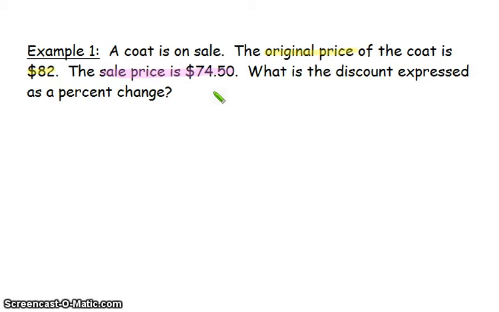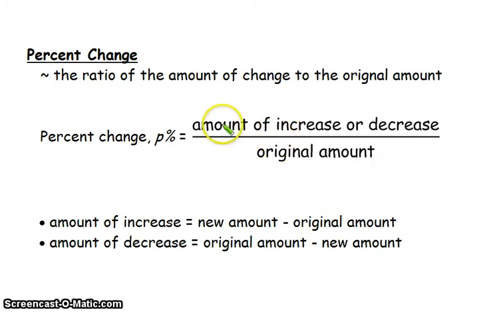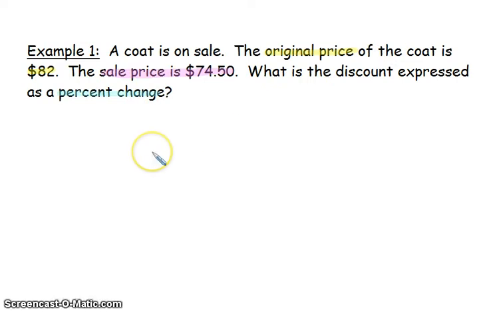Now, what we want to know is what is the discount as a percent change. We want to know what is the percent here that represents this decrease. So we're going to use this formula that we have over here, amount of decrease in this case over the original amount. So our amount of decrease, well, we don't know that. We know what the sale price is, but we don't know right now how much it decreased.